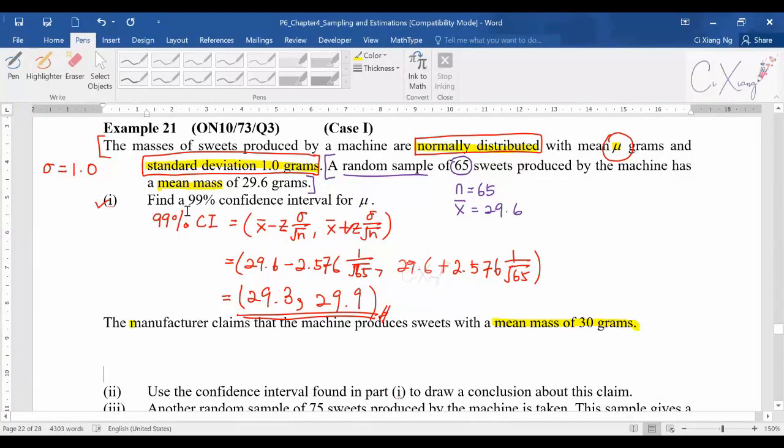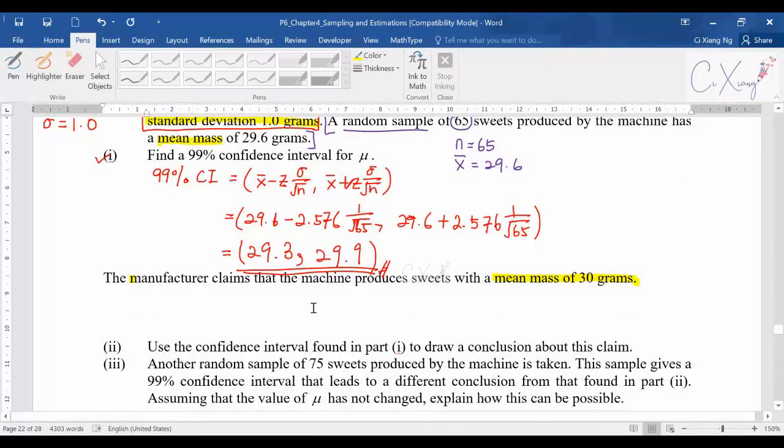But the 29.6 is from a small sample, the sample with 65 sweets. For this manufacturer, they are talking about the machine, which produces sweets with a mean mass of 30 grams. So they assume that the population mean should be 30.